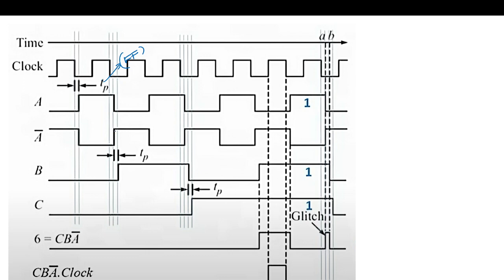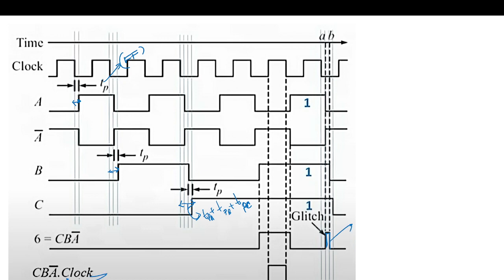And we have seen for the first flip-flop there was 1 TP delay, the next flip-flop had 2 TP delay, and the next 3 TP delay, because this was the delay of A plus the delay of B plus the delay of the C flip-flop. And here at this point, we have seen the glitch.